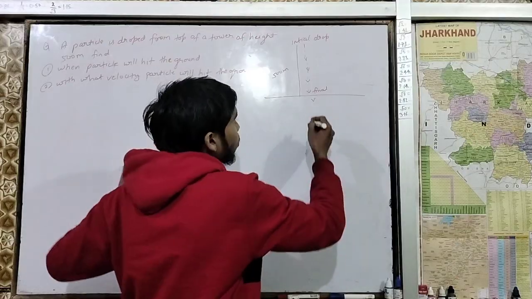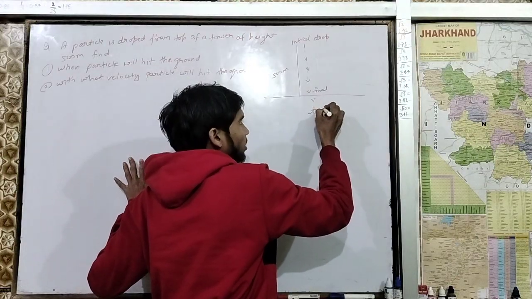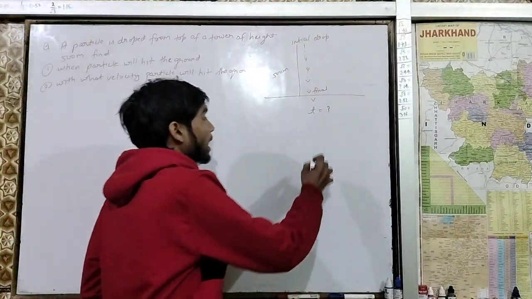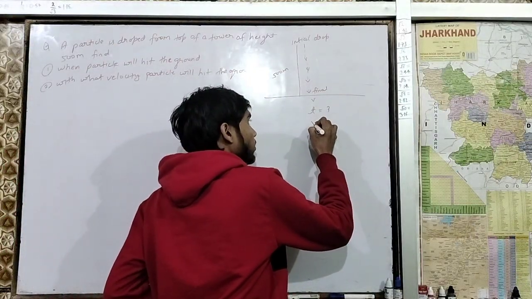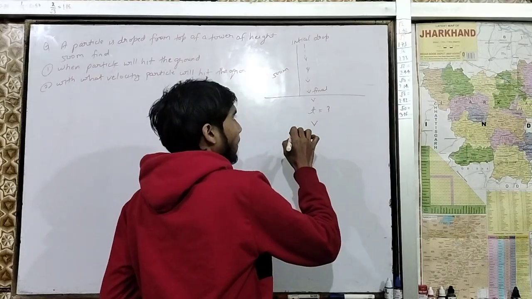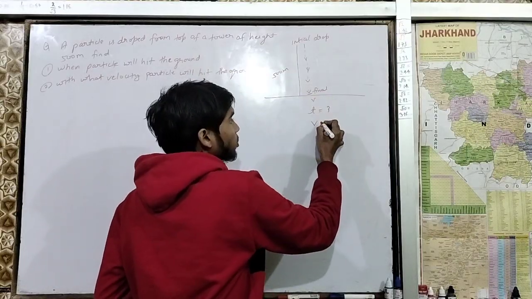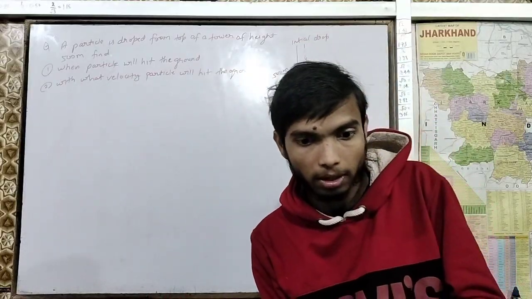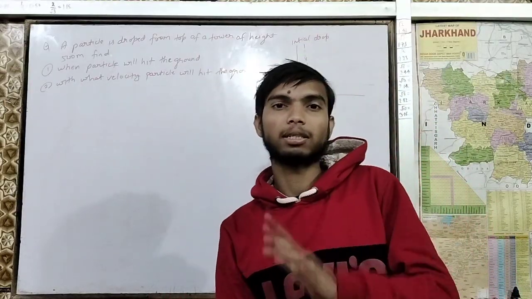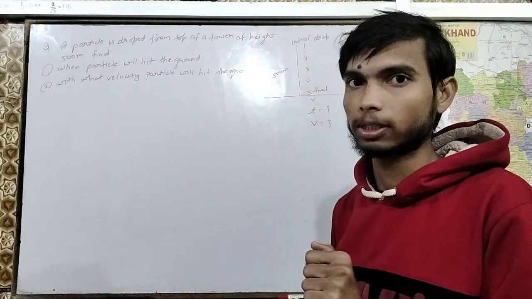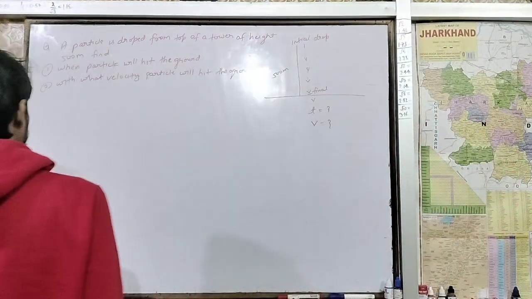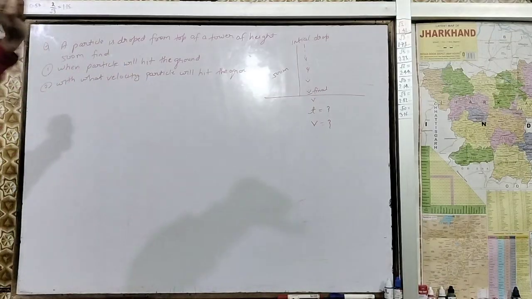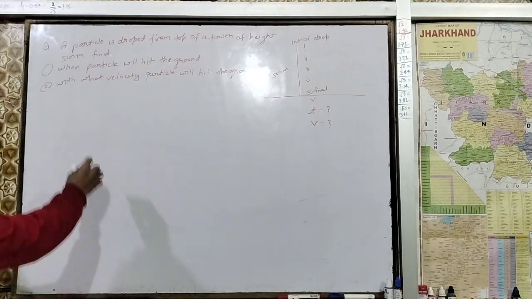It is asking at what second this will come to the ground, and what will be the velocity of this particle when it hits the ground. Time, it is asking time.